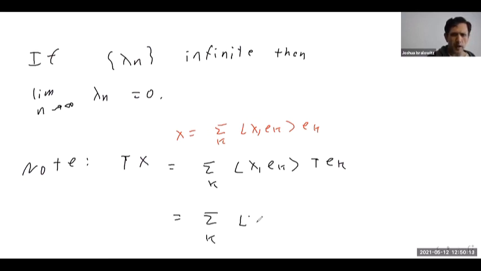So this is going to be <x, e_k> lambda k e_k. Well, we usually just stick the lambda out in front. It just looks a lot neater. So this is really just the sum of lambda k <x, e_k> e_k. Right.